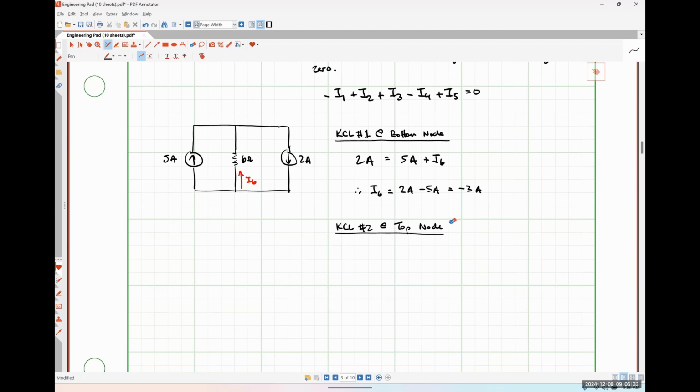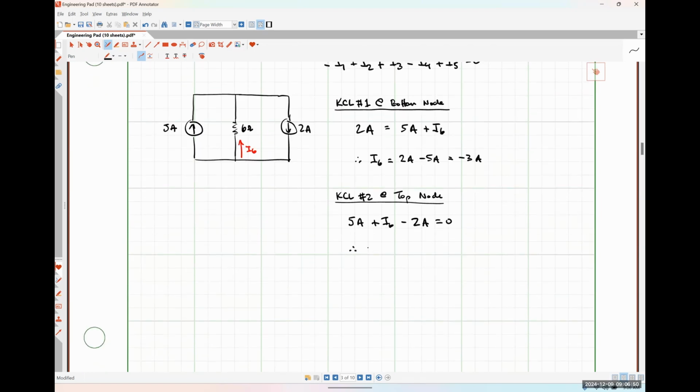So which currents are entering the top node? 5 amps and I6. I2 is exiting the top node, so it's going to look like -2 amps. We set this equal to 0. Rearranging, we would have I6 is equal to -5 amps plus 2 amps, which is once again -3 amps.